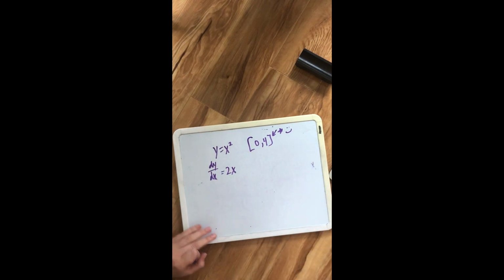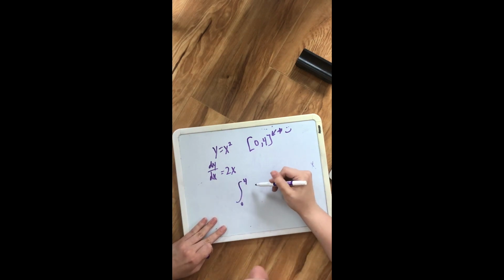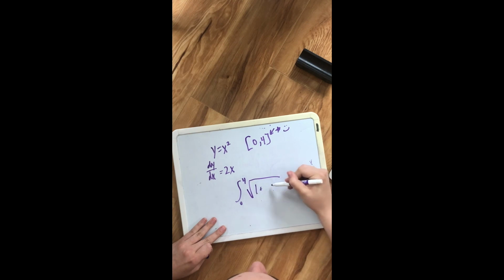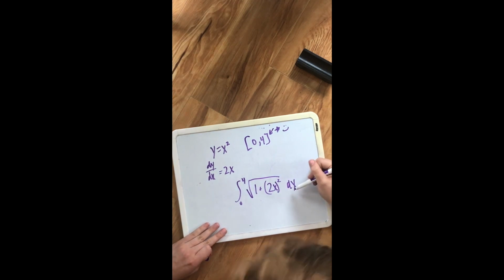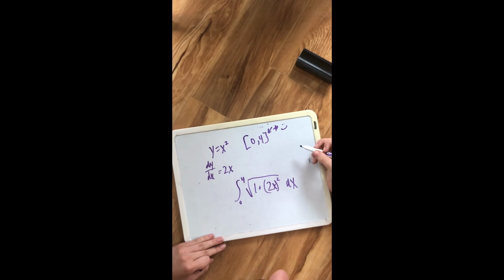So our integral would look like this. From 0 to 4, the square root of 1 plus 2x squared dx. And then you just plug it in your calculator and you get your answer. Easy as pie.